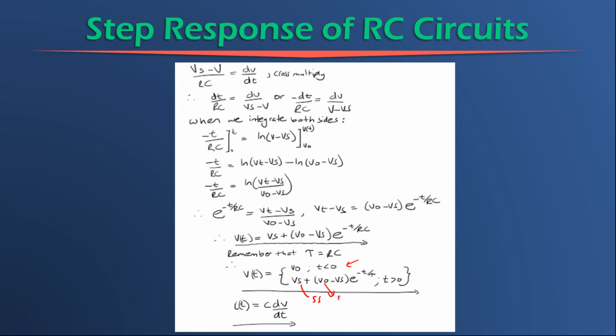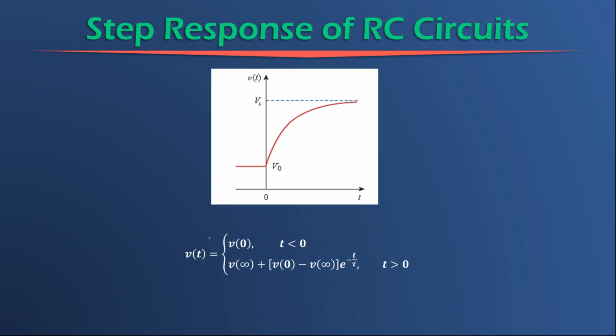V0 we know is the initial voltage. Tau is still expressed as the time constant, so tau is equal to RC.